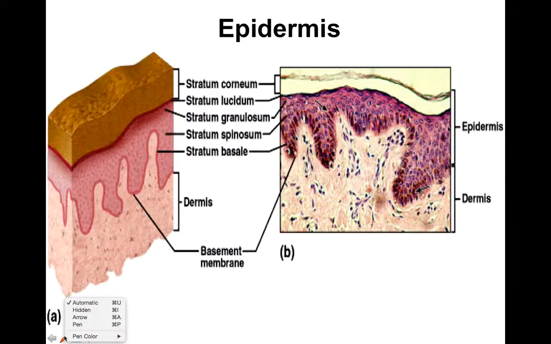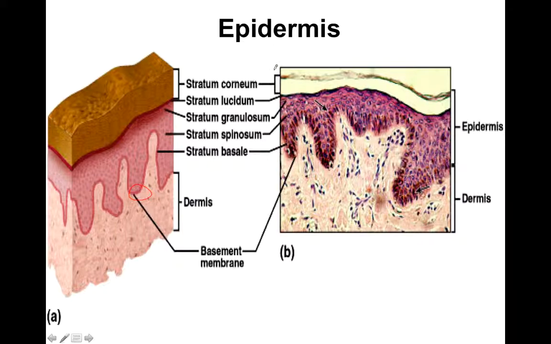Epidermis is the thinnest layer of the skin. It has no blood vessels. But like we talked about in the tissue unit, there is this basement membrane that epithelial tissue lies on. There are 5 sublayers.